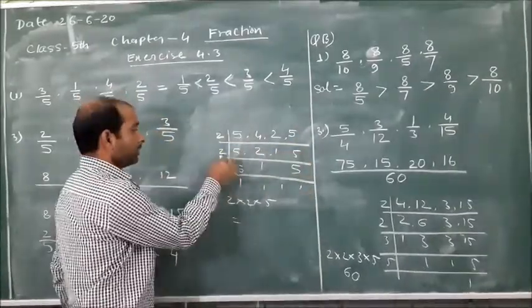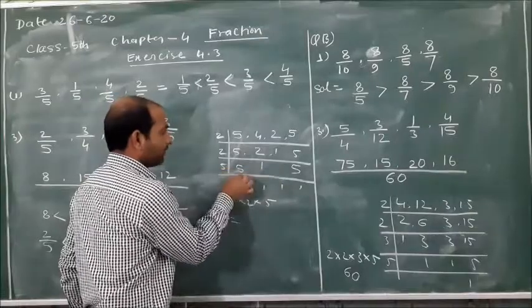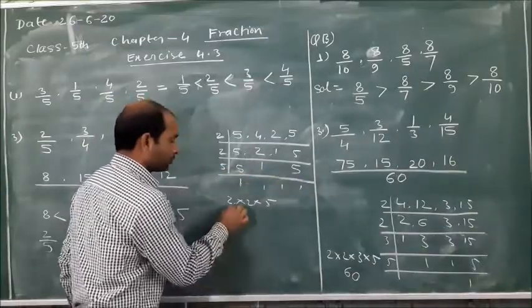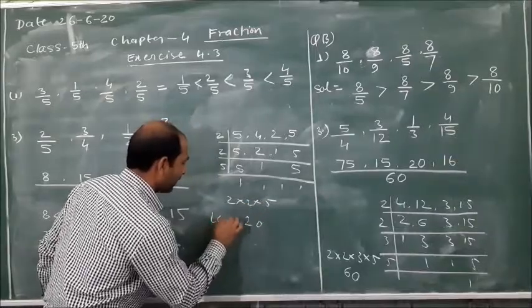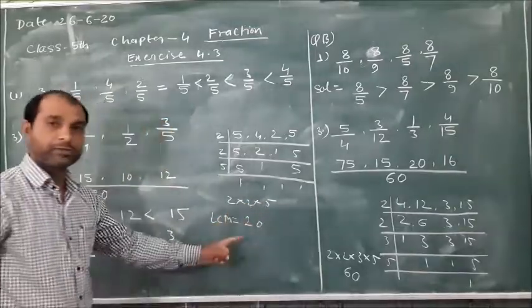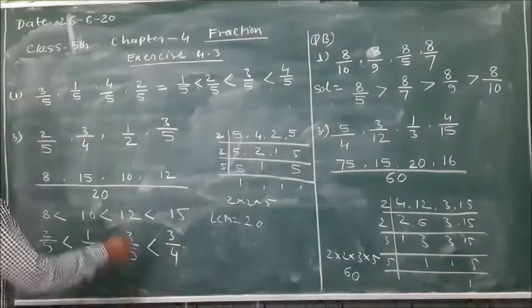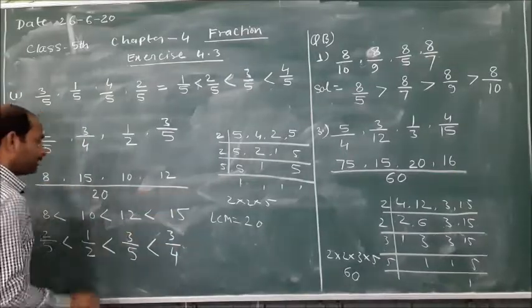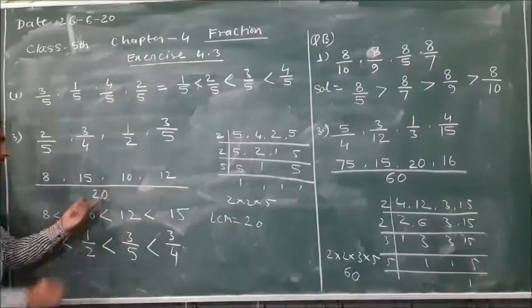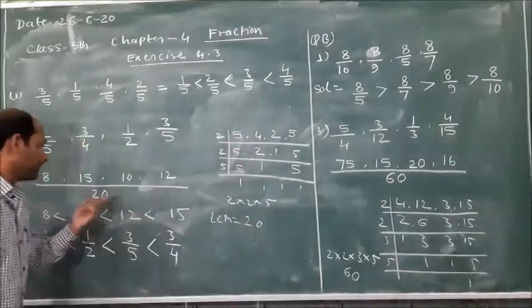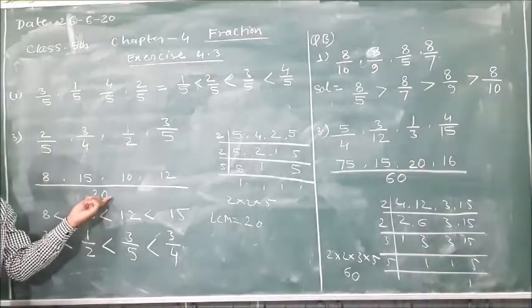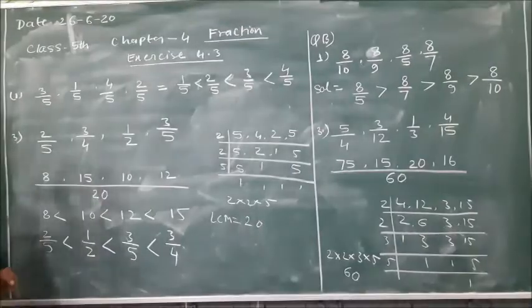Now 2 ones are 2, and 5 ones are 5. So 2 twos are 4, 4 fives are 20. Means LCM equals 20. So underline here and write the LCM of these denominators, 20, under the line.